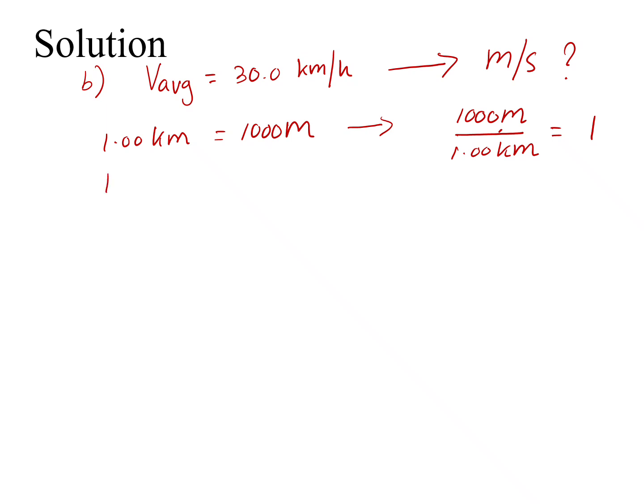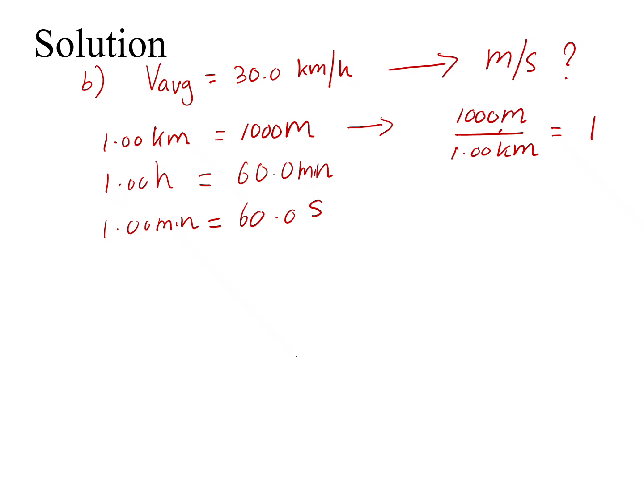So 1 hour is equal to 60 minutes, and then 1 minute is equal to 60 seconds.